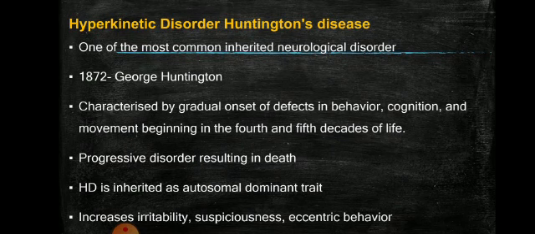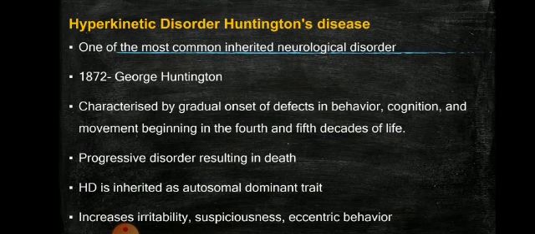It normally starts in the 4th and 5th decades of life, that means when the person is in his 40s or 50s. It's basically a progressive disorder which results in death. Huntington disease is an inherited autosomal dominant trait.